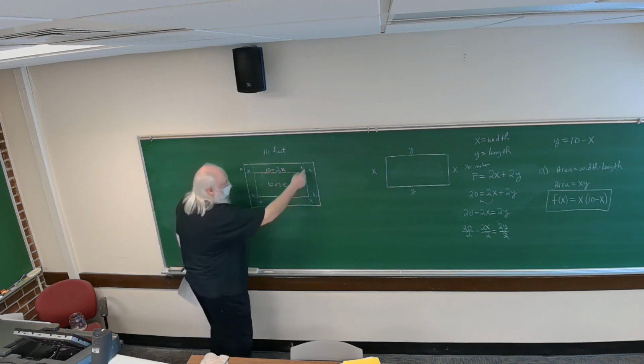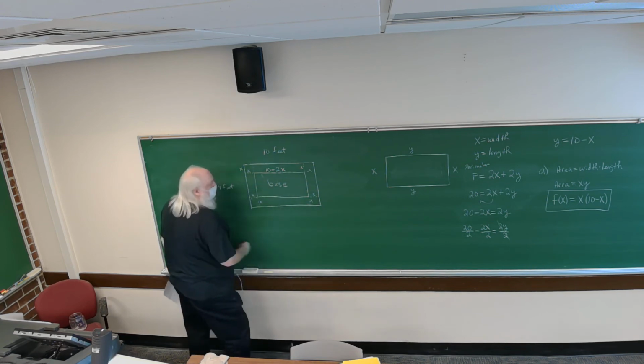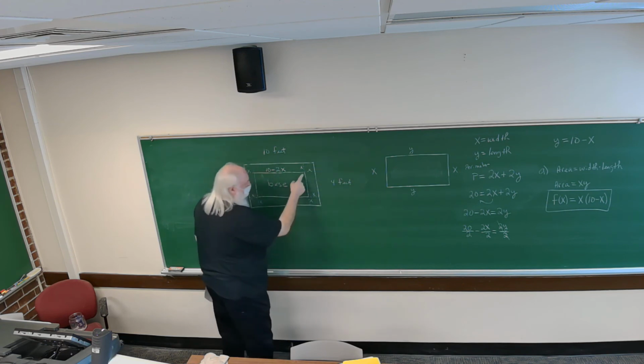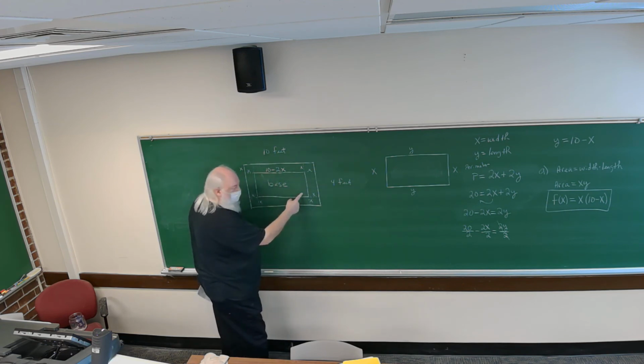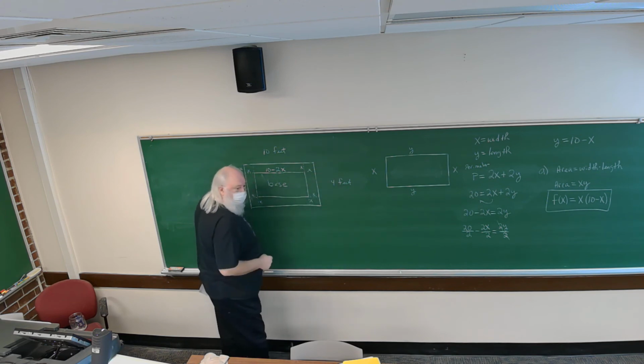Now when we cut out these squares, each side is length x, so the width of the base of the cardboard box is going to be 4 feet minus 2x.